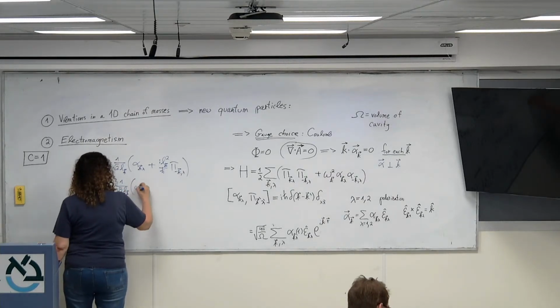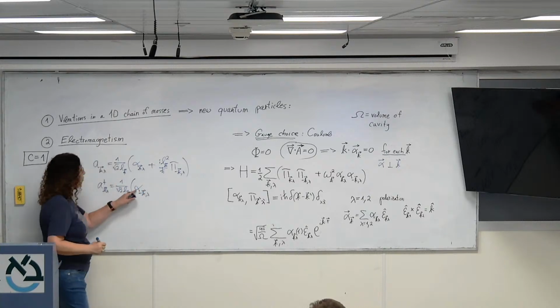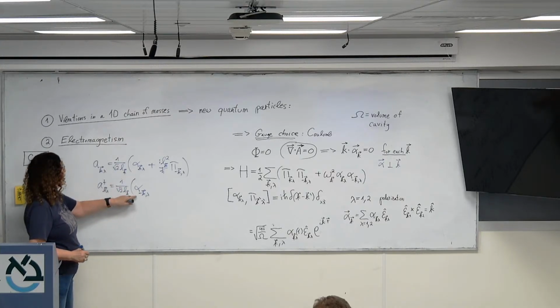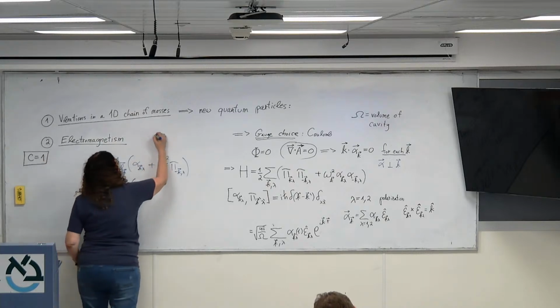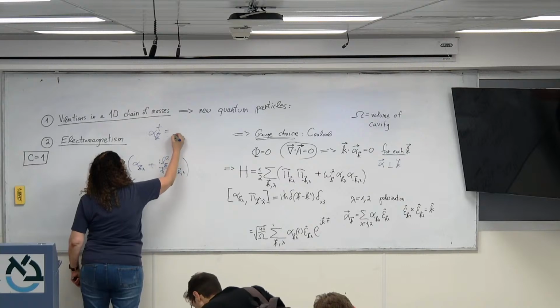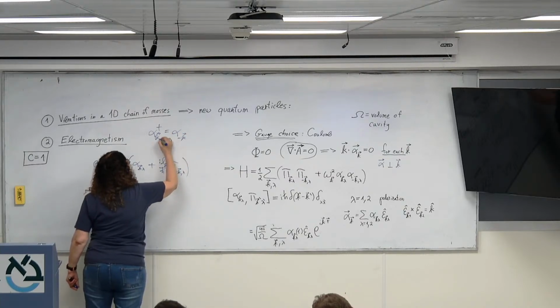So this is alpha of minus K. Why is it alpha of minus K? Because I'm once again using the fact that A_K dagger is for each lambda.